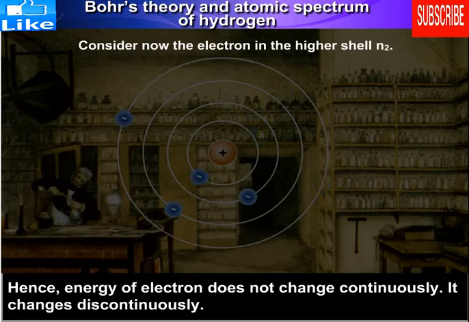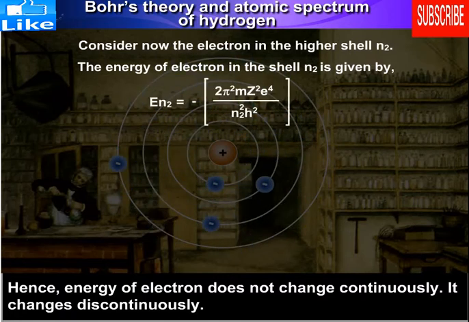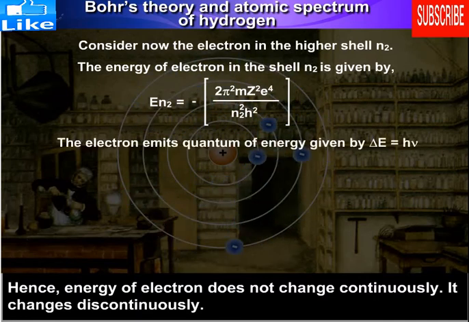Consider now the electron in the higher shell n2. The energy of the electron in the shell n2 is given by En2 equals minus 2 pi square m into z square into e raised to 4 upon n2 square into h square. The electron emits a quantum of energy given by delta E equals hv, and the electron jumps to shell n1.